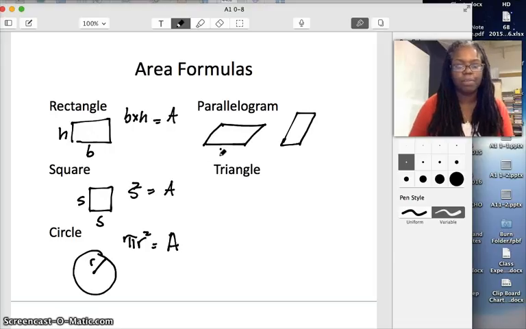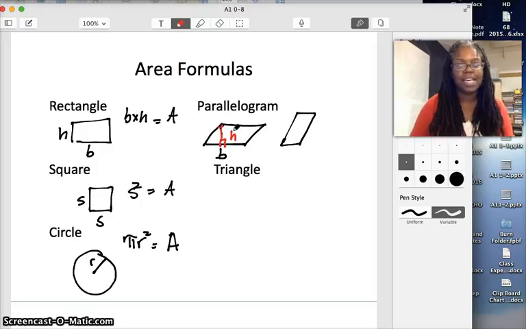It's always going to be base times height. And the height is measured from the uppermost point to the bottommost point and straight down. So you would go to the tippy top and draw a straight line down. If that's the height, that's what you would use to do base times height.